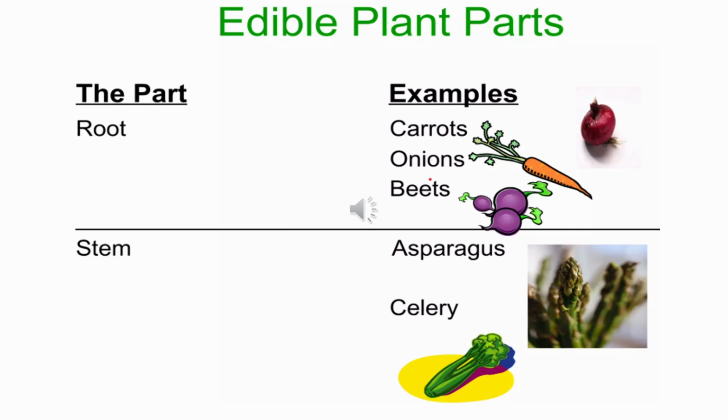Students, do you know there are edible plant parts? For example, the part root. Carrots, onion, beetroots, they all grow as a part of roots underground, inside the soil. So these are parts that we can actually eat. Stem would be like asparagus and celery.